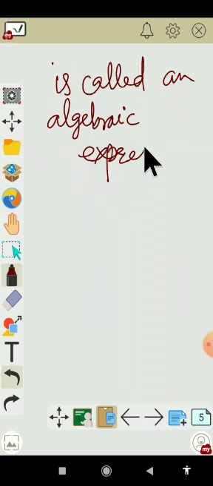We will see examples of this so we will understand clearly.